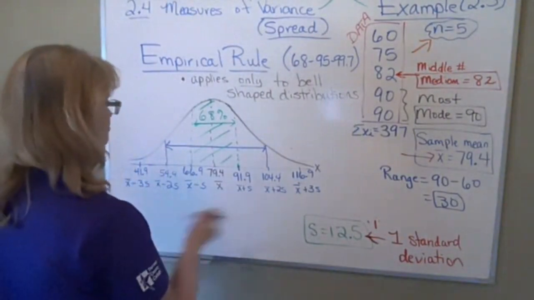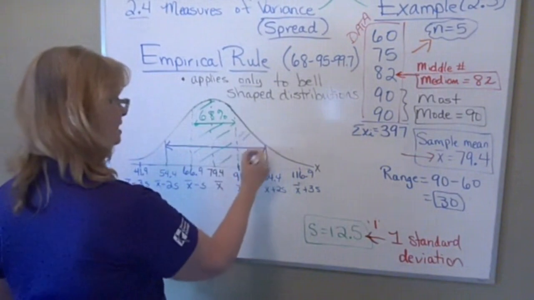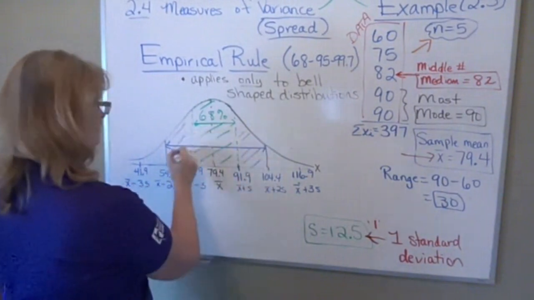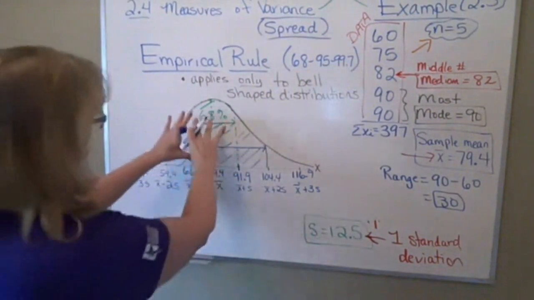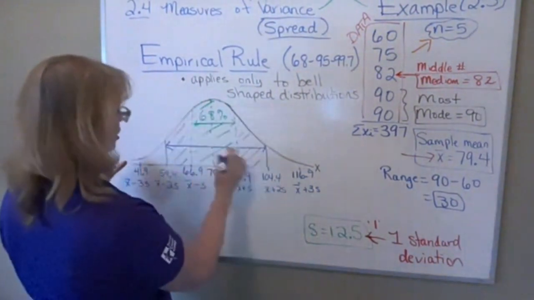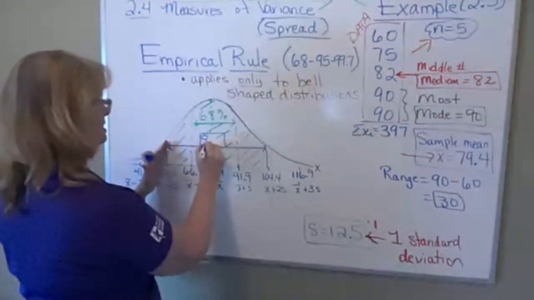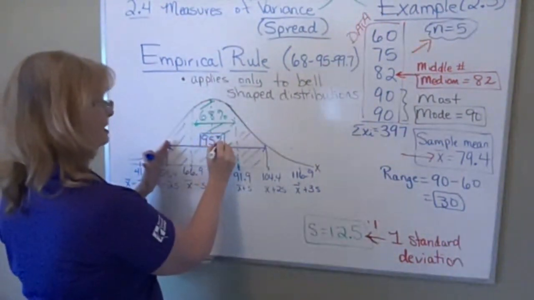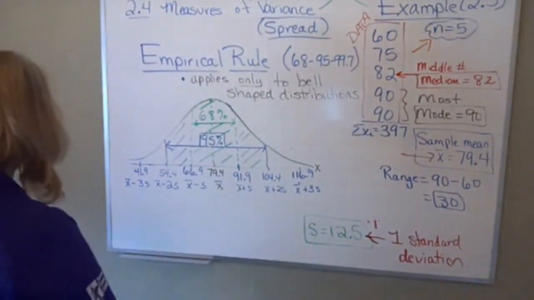Now I'm adding on some more. I'm adding on these data values and these data values. You see I have a big percentage of that area under that curve. And in fact, from here to here will be 95%. That's a huge percent. That's all but 5% will be there.